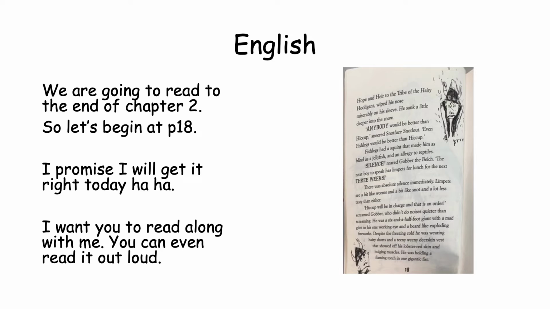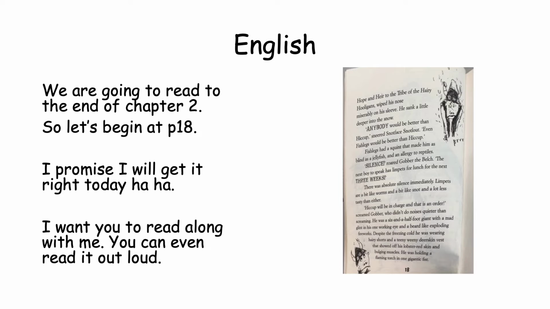Hiccup's father was Stoic the Vast, the fearsome chief of the Hairy Hooligan tribe. Hiccup! Sneered Snotlout. If he's as useless at this as he is at Bashyball, we'll be lucky if he even gets one of the basic browns. The basic brown was the most common type of dragon, a serviceable beast, but without much glamour.